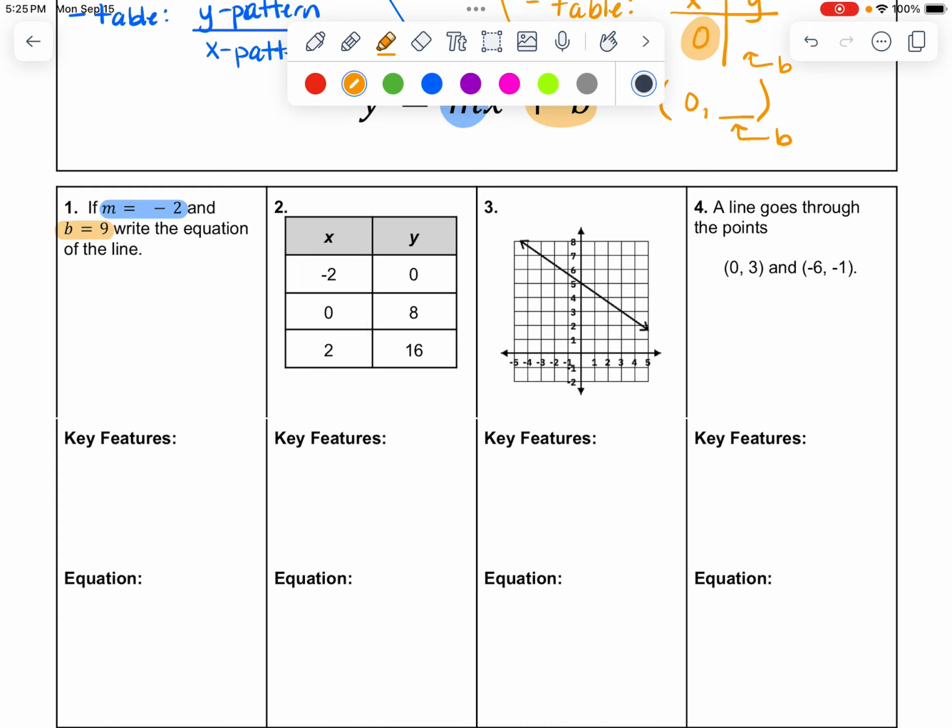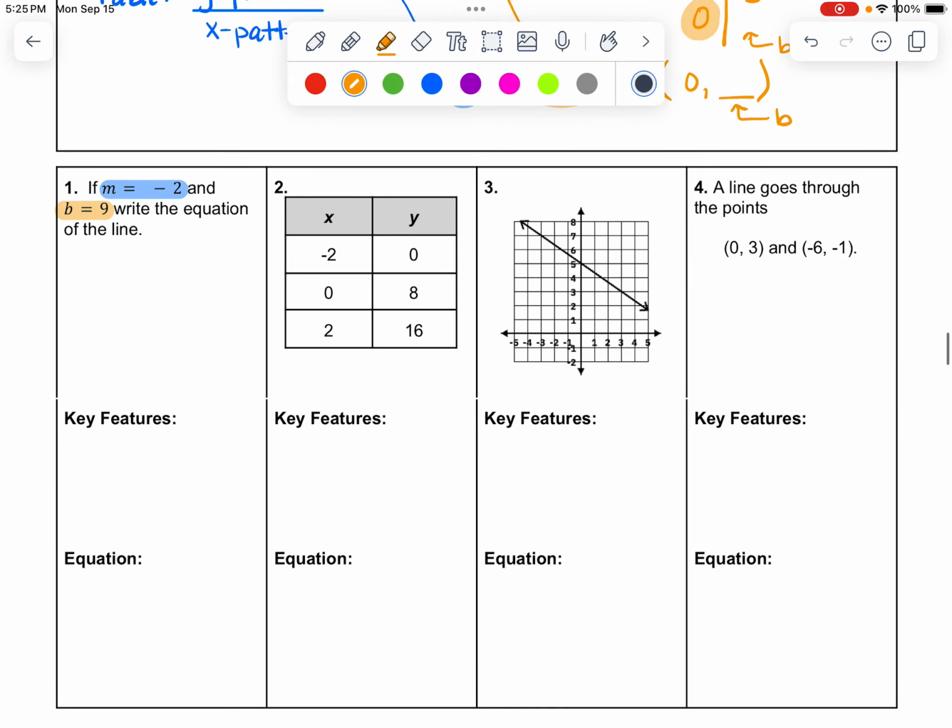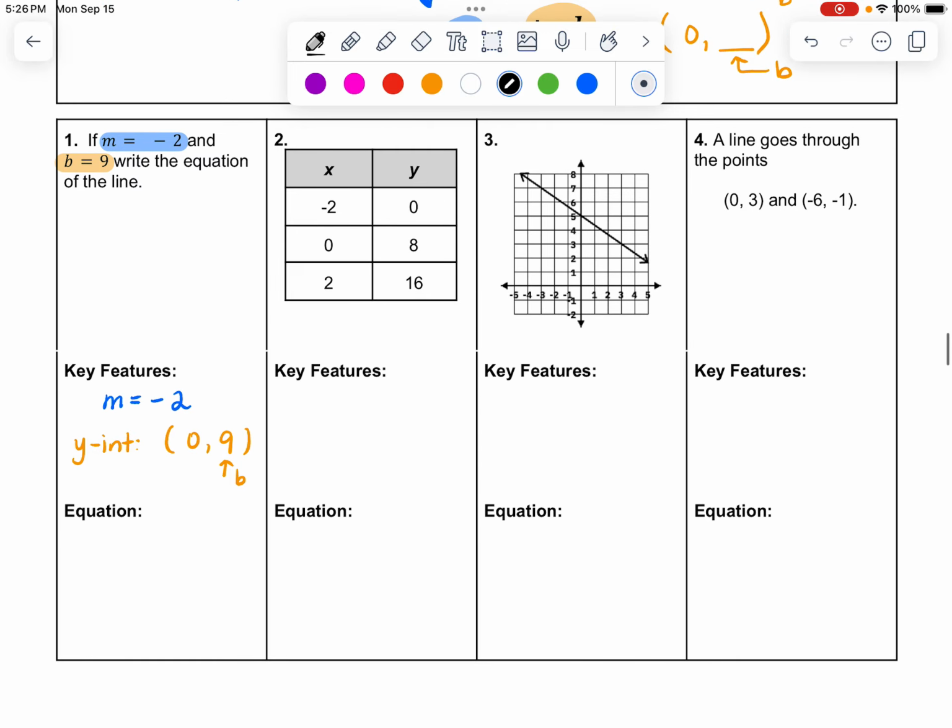is 9. From that information, we can identify our key features. Our key features would be the m, which is -2, and the y-intercept, which is the point (0, 9), because the b is always the y value. Then we're going to write our equation, y equals mx plus b.